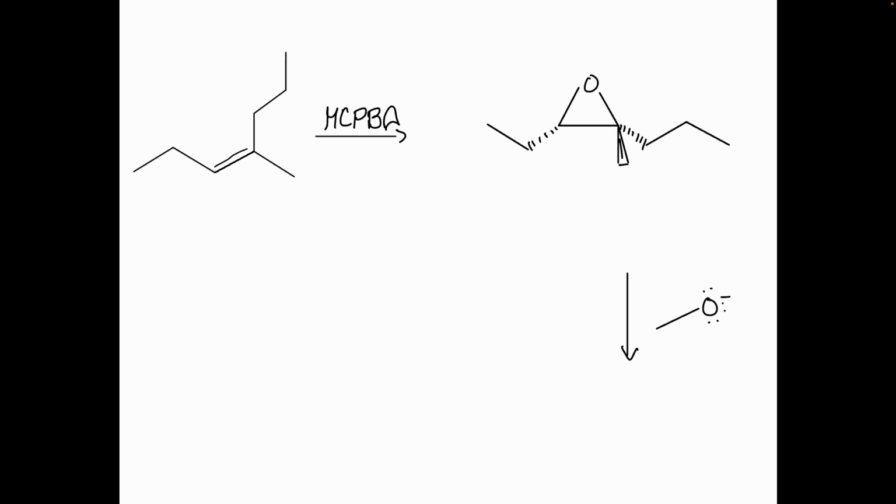And again, if you did the exact reverse of this, if yours looks the exact same, but your dashes are wedges and your wedges are dashes, that's perfectly fine. That would be the enantiomer portion here. Okay? So now I'm going to take this epoxide and I'm going to treat it with my basic nucleophile, the alkoxide ion.